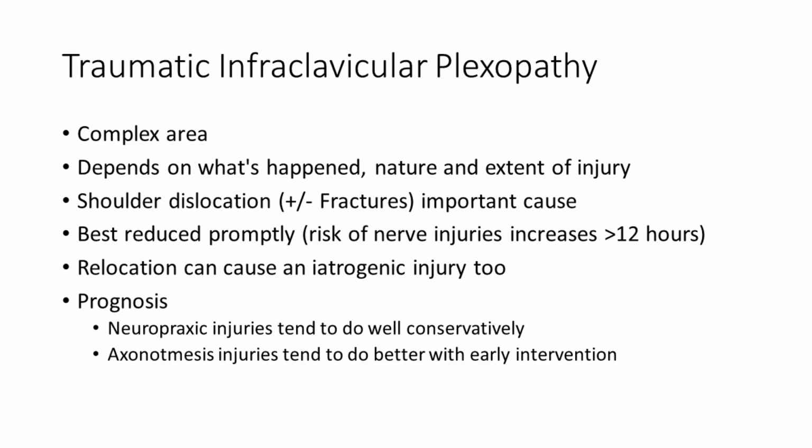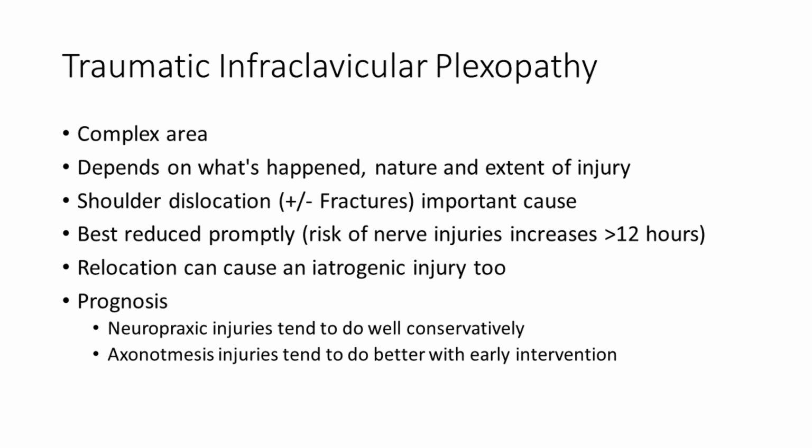Just to look at a couple of very specific types of injuries. Traumatic infraclavicular plexopathies are a very complex area. It very much depends on the nature and extent of the injury, but by far and away shoulder dislocations and fracture dislocations are a very important cause of this.